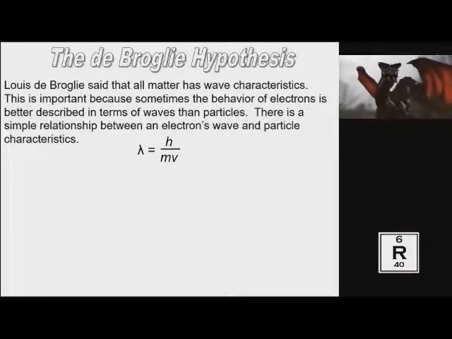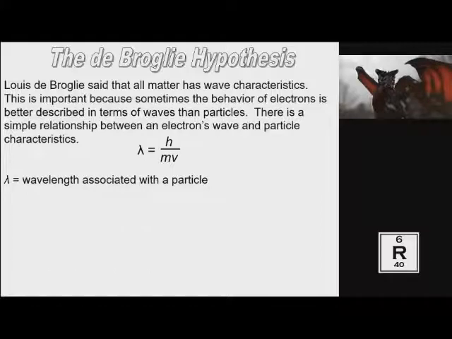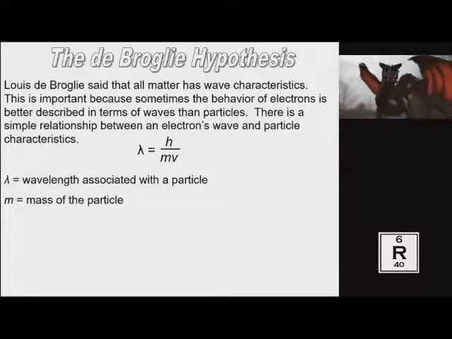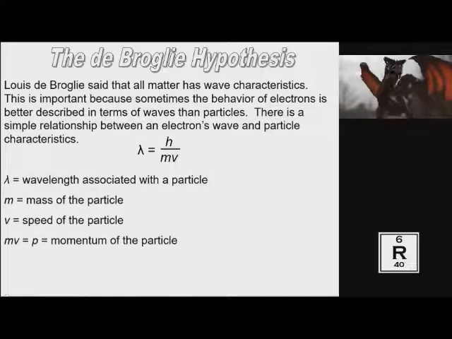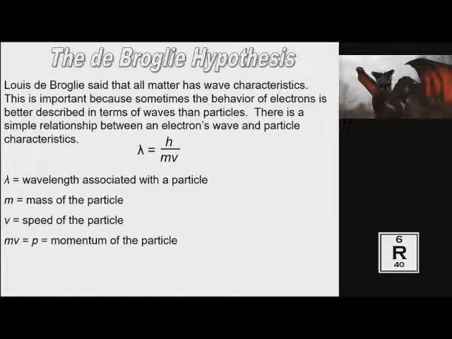So the upside down y is a lambda, and lambda represents the wavelength associated with a particle. As the denominator, m would be the mass of the particle, and v would be the speed of the particle, or velocity. That's why it's a v. If you multiply mass times velocity, you get momentum, which would be a p.